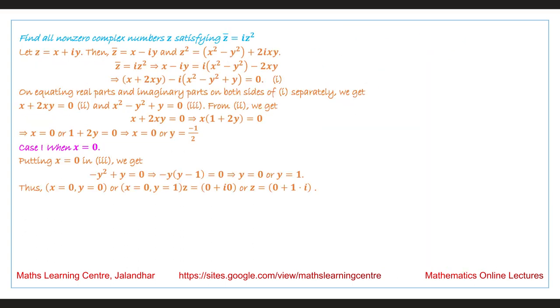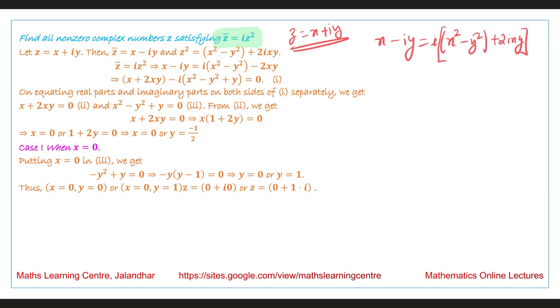Next is find all non-zero complex numbers z which satisfy this equation. So this equation is given to us. It is z bar is equal to iota z square. So if we assume that z is equal to x plus iota y, what is given to us is that x minus iota y is equal to iota into (x square minus y square plus 2 iota x y).